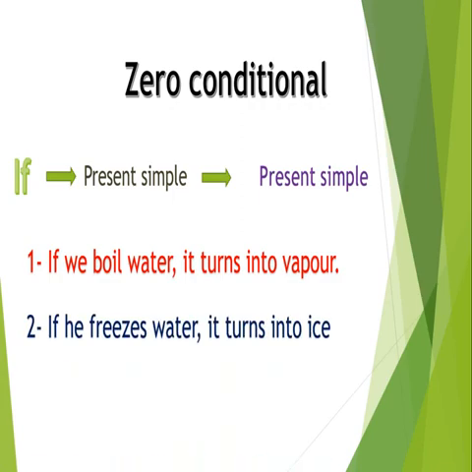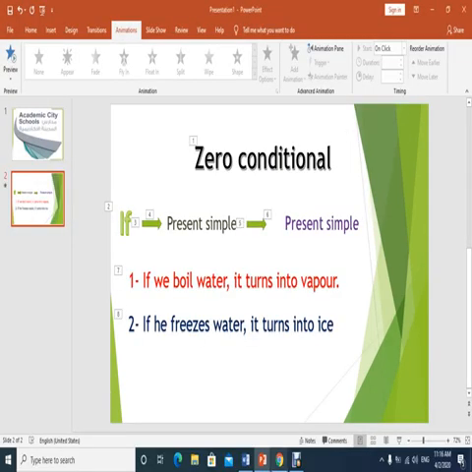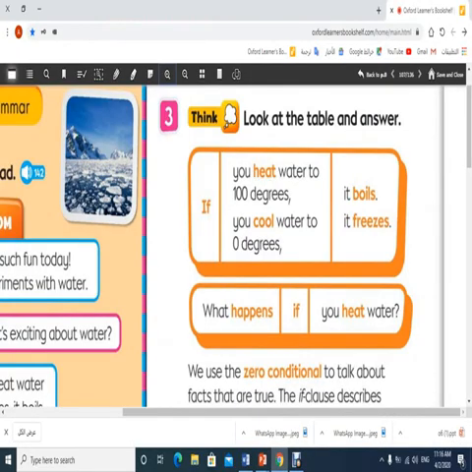Number 2, if he freezes. ممتازين. في اس ولا لا؟ صح، علشان الفاعل هنا ايه؟ he. If he freezes water it turns into ice. صح، تستخدم الاس. ممتاز. سهلة ولا صعبة القاعدة هذه؟ سهلة أتوقع. طيب ممتازين. تعالى نبدأ نحل الأسئلة التطبيقات اللي علينا في الدرس.